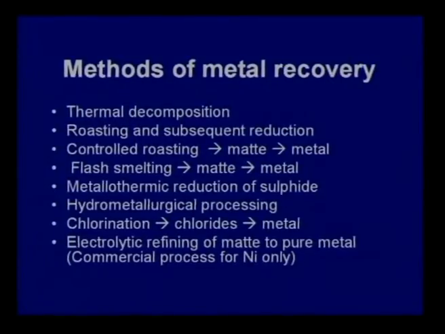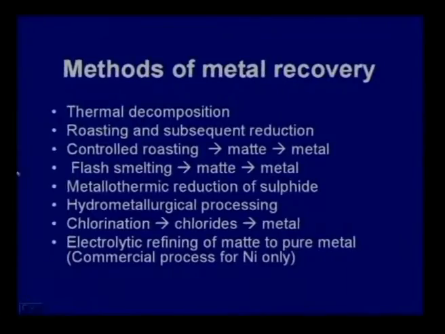Most common and logical will be to take the sulphide, roast it to make an oxide and then reduce by carbon like you treat an oxide. The third one is what will apply in the case of copper and also in the case of nickel. We will see when nickel is in the form of sulphide.